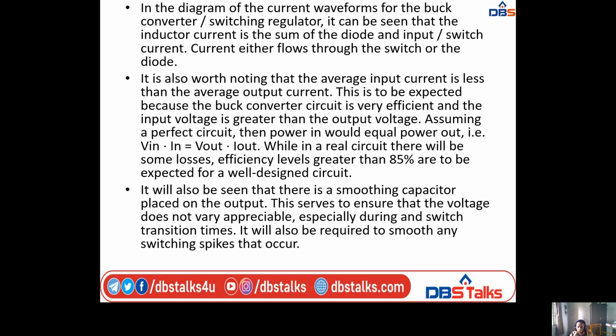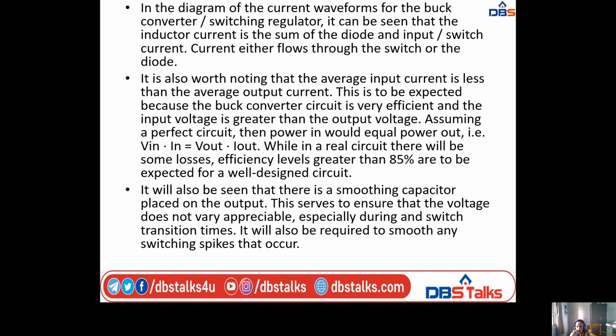We can see that a smoothing capacitor is placed on the output. This serves to ensure the voltage does not vary too appreciably, especially during switch transition times, and it is also required to smooth any switching spikes that occur. Here the capacitor is connected across the load. Why?